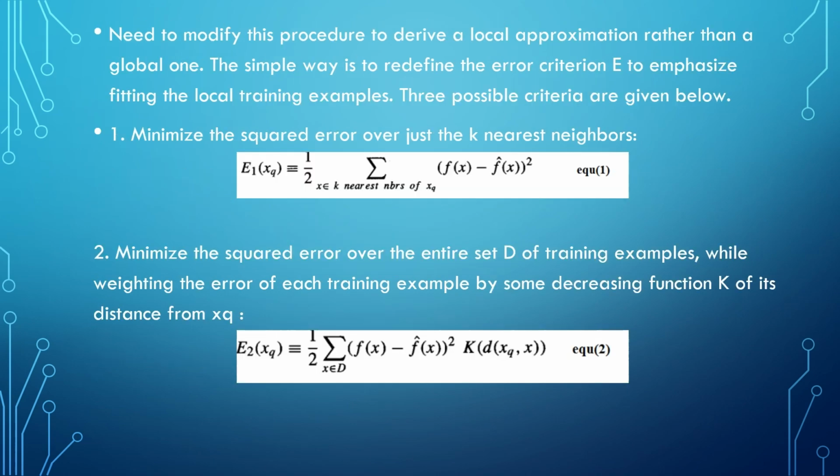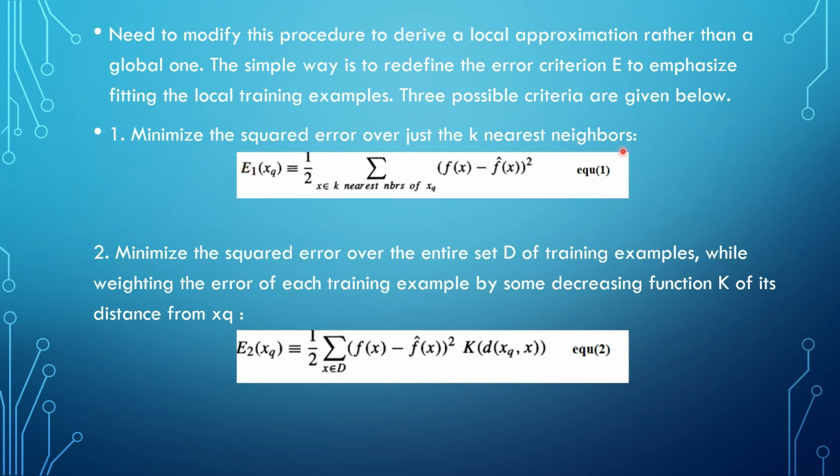In order to minimize the error, there are three possible criteria. First one is to minimize the squared error over just the k nearest neighbors. On just the k nearest neighbors, if you want to minimize the squared error, we can use the following formula.